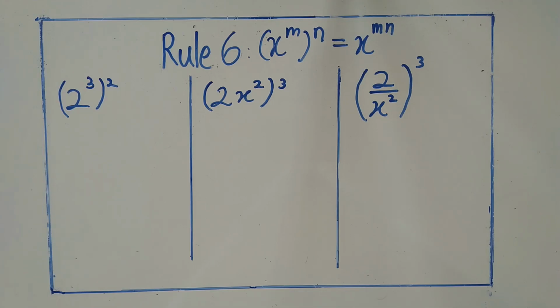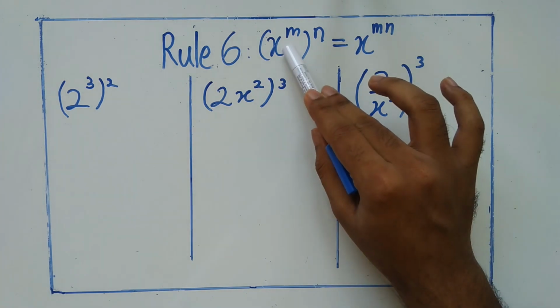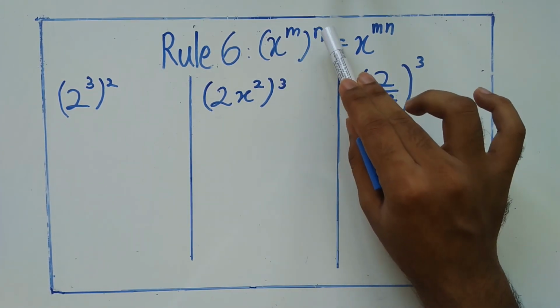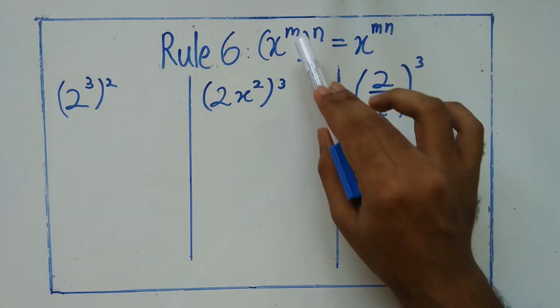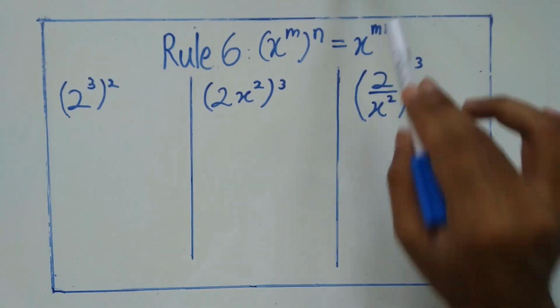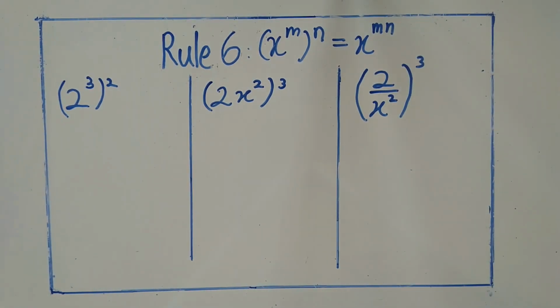Next is rule number 6, which is the multiplication rule. Here we have x to the power of m in brackets to the power of n. We can safely remove the brackets to give m times n. Here are a few examples to demonstrate this.